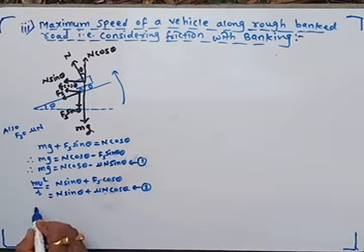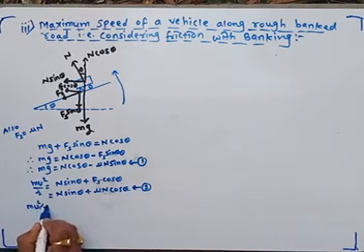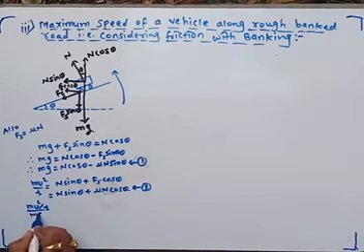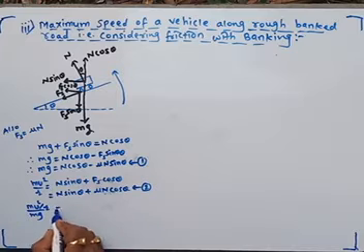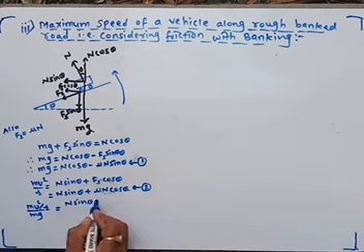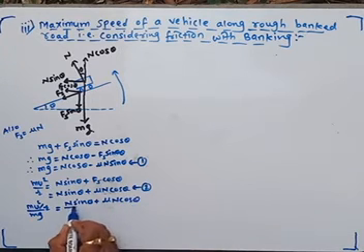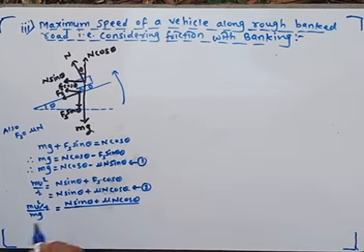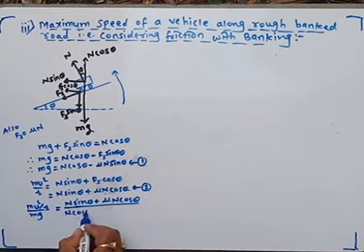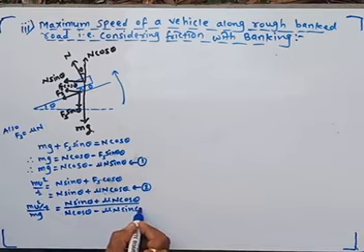Now dividing equation 2 by 1, we can write mv square upon r divided by mg is equal to N sin theta plus mu N cos theta divided by N cos theta minus mu N sin theta.